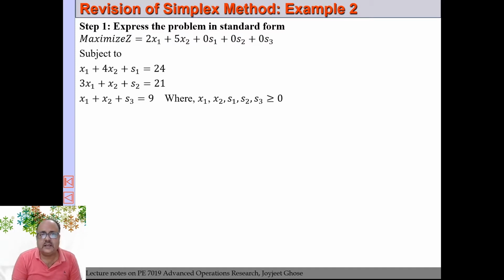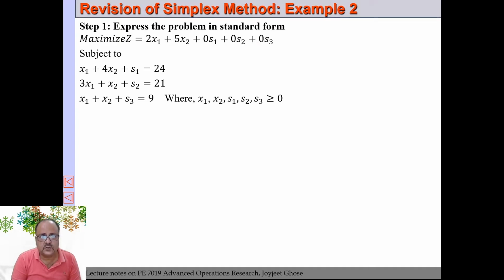Now, as I have said, in the simplex method you have to start with the initial basic feasible solution. In this case, or in other cases also, we start with the variables in the objective function, x1 and x2, or any other variables if there are any, all equal to 0, and s1, s2, s3 become equal to the total resources that are available.